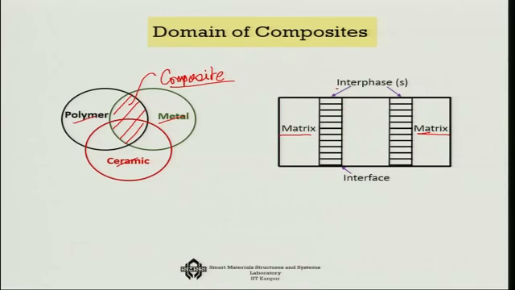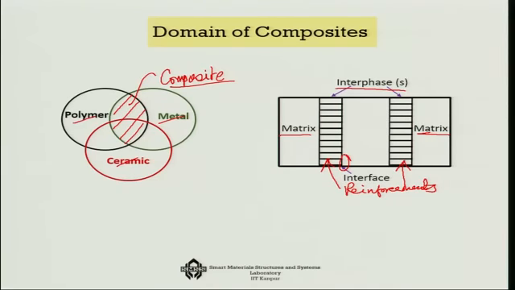The other phase is like the reinforcement; the formal technical name is reinforcements. These reinforcements have interfaces with the matrices, and that interface is to be designed in such a manner that there is no discontinuity or debonding between the reinforcement and the matrix.